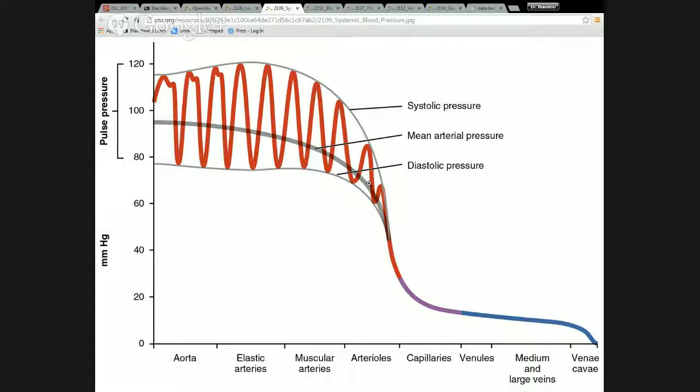Now, the only time we actually deal with mean arterial pressure, the only time it comes up in this course, is a very special situation in the kidneys where we're concerned with the blood pressure in part of the arterial circulation where blood's being filtered.